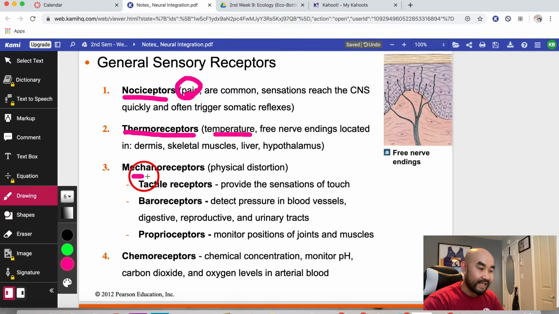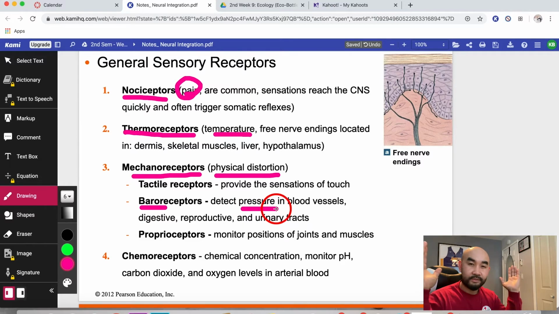You have your mechanoreceptor, or physical distortion, mechanic, tactile, touch. Like somebody touches something, you sense it. Barrel means pressure. Sometimes it doesn't have to touch, but you can feel the pressure, like if you go diving in the ocean, you can feel the pressure pushing in.